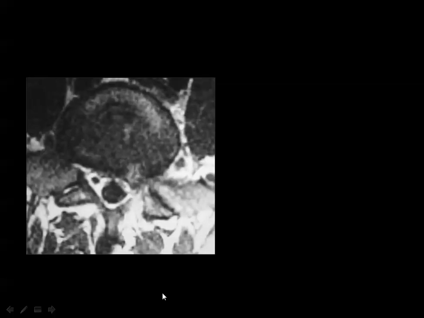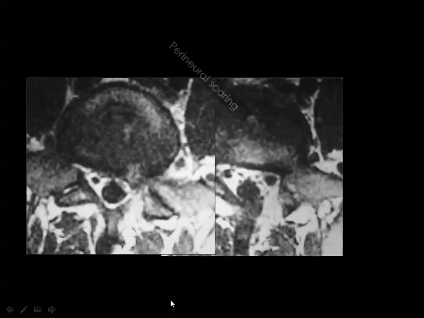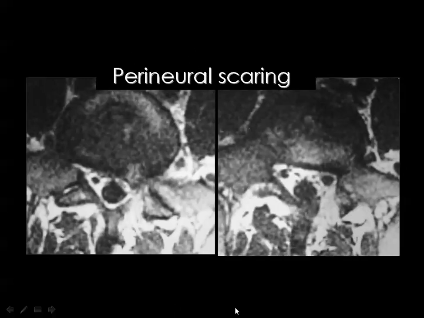Then in this example, you see a shadow here, and you want to know if this is a scar or disc, so you inject contrast media, and you have enhancement of the whole lesion, leaving the nerve root inside, and this is what we call perineural scarring, which was surrounding this S1 nerve root. The nerve root, as I have said, will not look similar to the normal one.